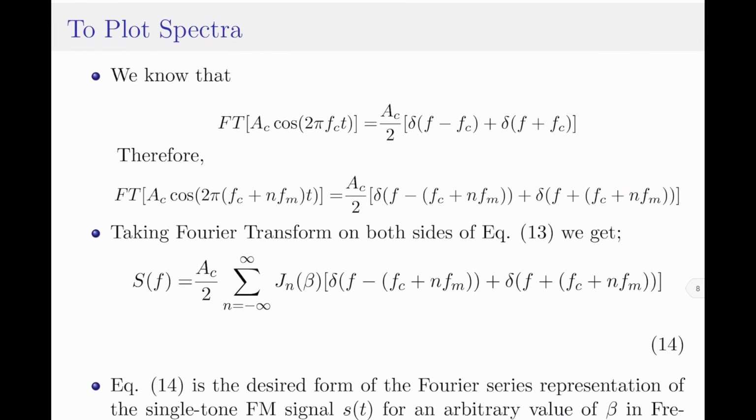Let us now plot the spectra for the single tone frequency modulated signal we obtained in our previous expression. For that, I am going to recall the equation, which is Fourier transform of A_c into cos 2 pi f_c t equals A_c by 2 delta of f minus f_c plus delta of f plus f_c.